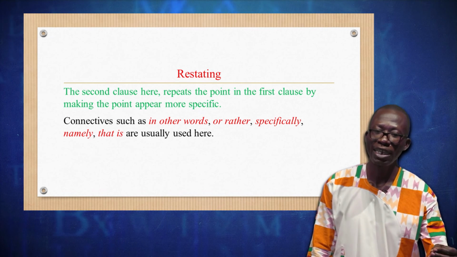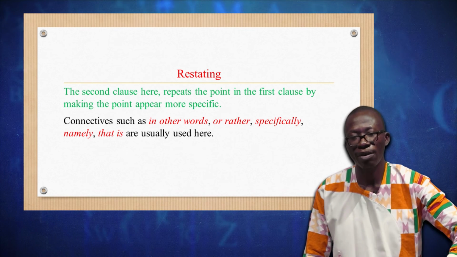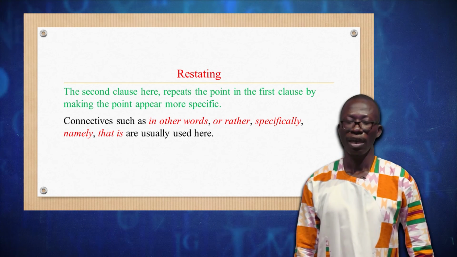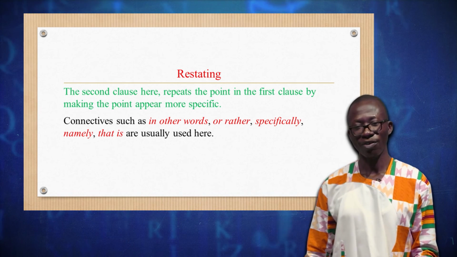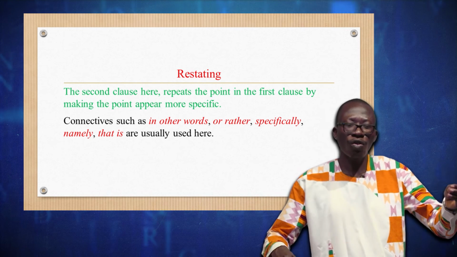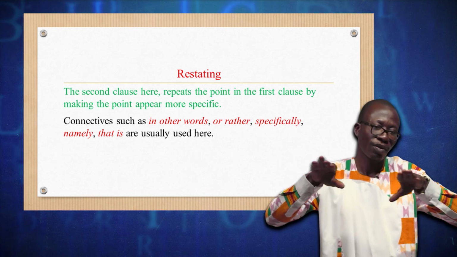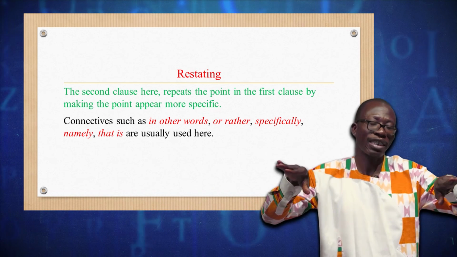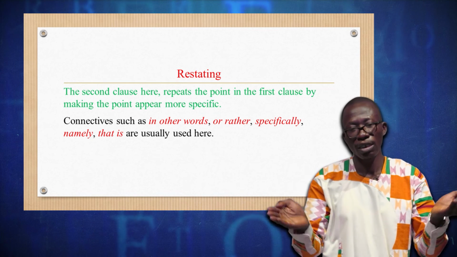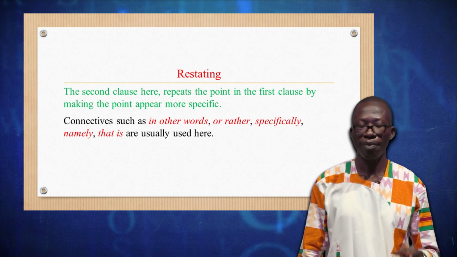This led us to studying simple sentences. A simple sentence is made of just one independent clause. Then we studied compound sentences, where you have two independent clauses, so you have equivalency here, connected together by a coordinator.